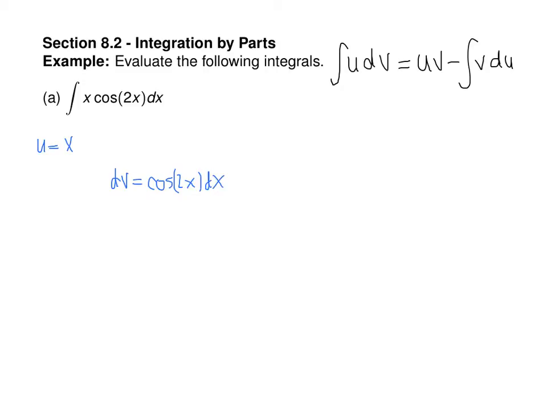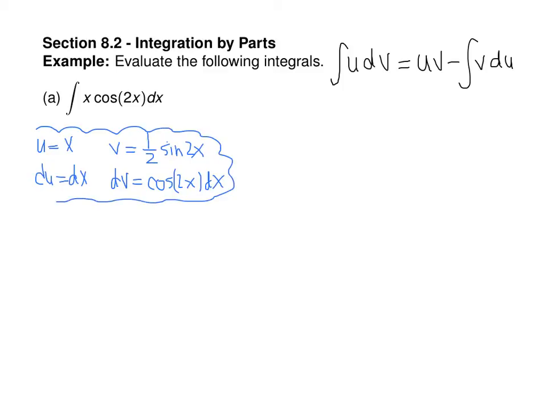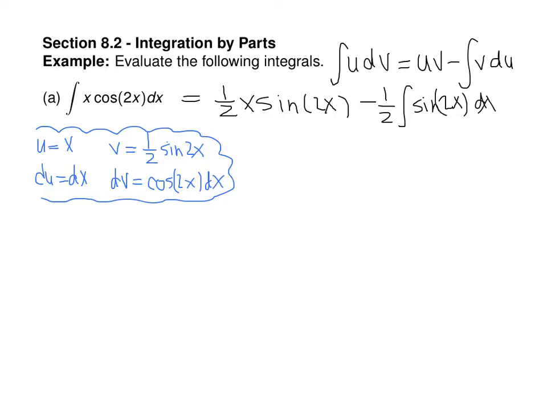Now if u is x, du is just dx. And to find a v, we have to anti-differentiate cosine of 2x, and that will be 1/2 sine 2x. So that tells us that the integral of x cosine 2x is equal to uv, so 1/2 x sine of 2x, minus the integral of v du, so minus 1/2 the integral of sine 2x dx.